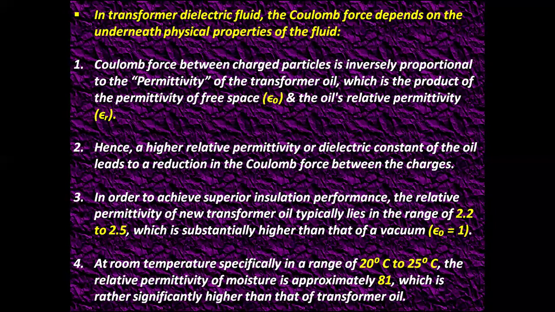At room temperature, specifically in a range of 20 degrees centigrade to 25 degrees centigrade, the relative permittivity of moisture is approximately 81, which is significantly higher than that of transformer oil.